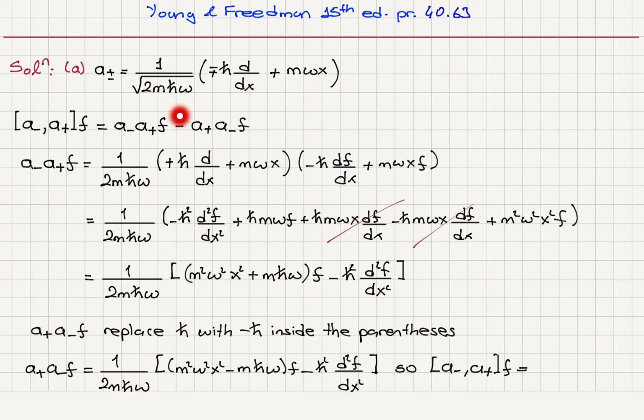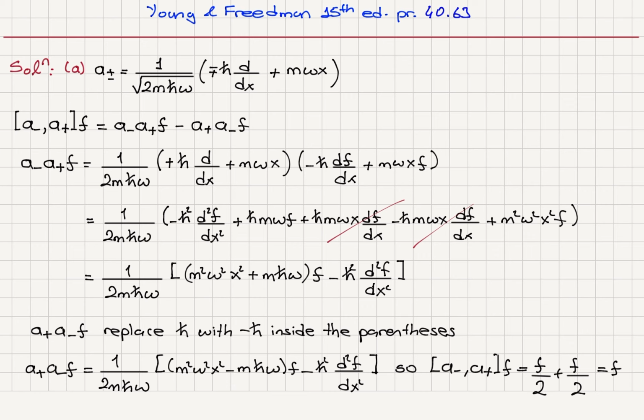So I will have f over 2 added to this f over 2, and these two terms are identical. So I will have f over 2 plus f over 2, which is equal to f.